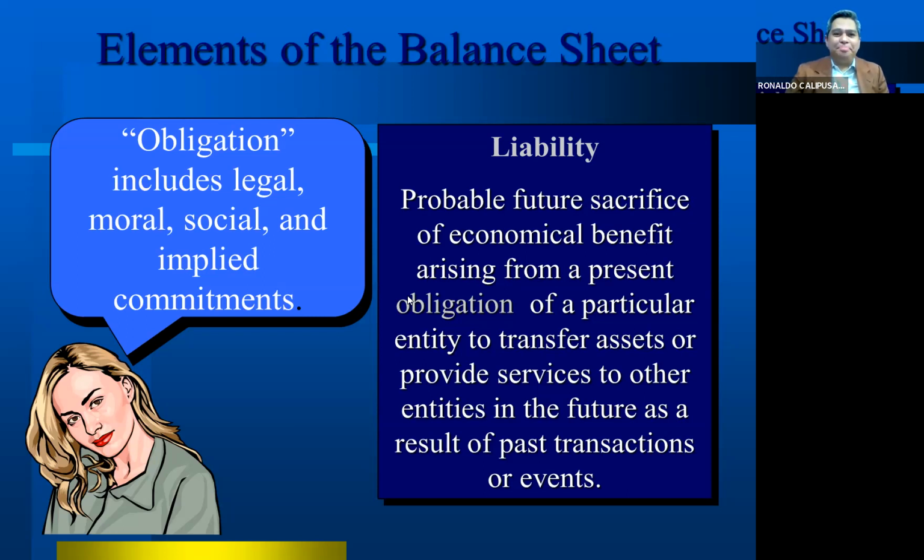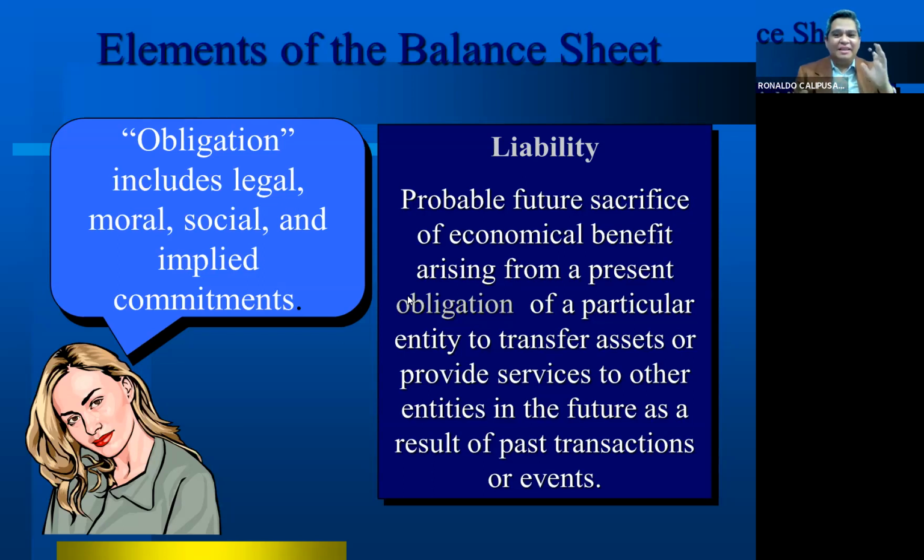But please look at this. This obligation includes legal, moral, social, and implied commitments. But in our case, in financial information, we probably would focus on the legal obligation, meaning there is a contractual agreement between two parties.